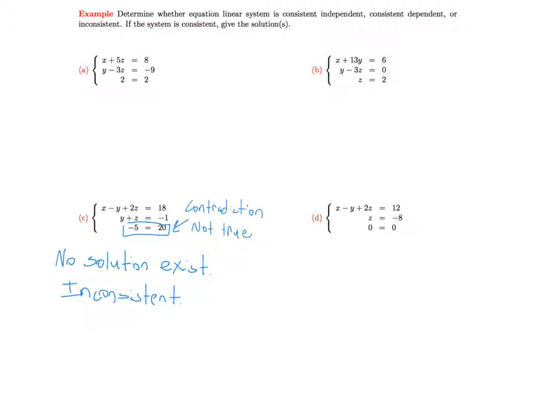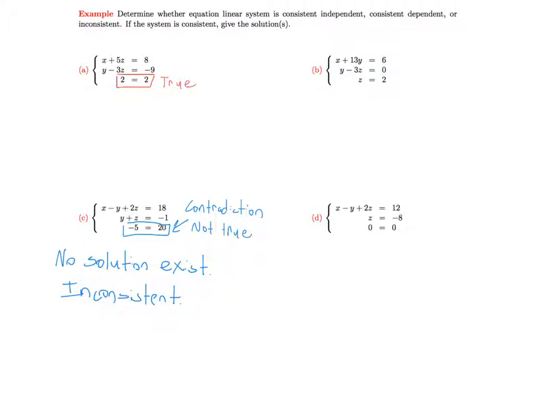And to just be careful, in part A, you might think that it looks pretty similar to C. So in part A, we have 2 equals 2. So that last equation doesn't have any variables, but that is a true statement.